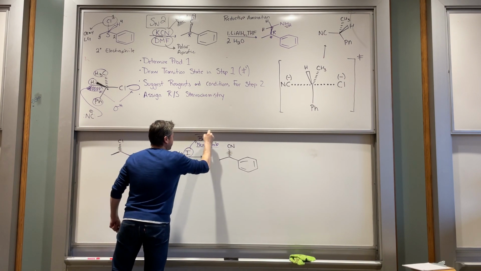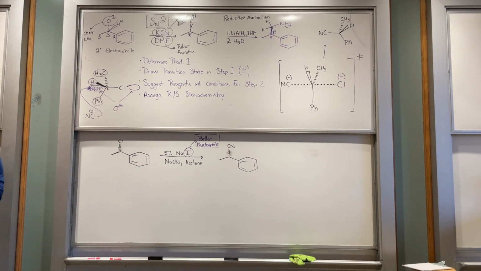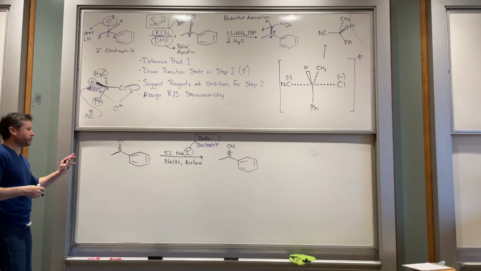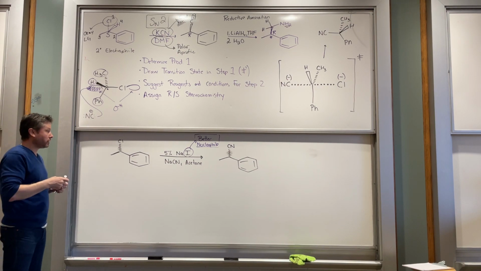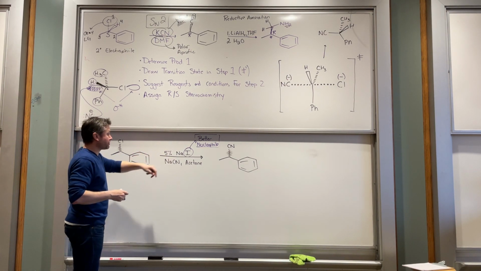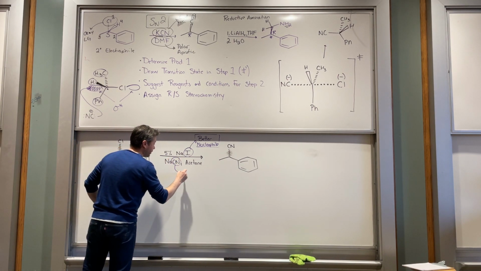So the other day we talked about how iodide's kind of weird, because it's among the best leaving groups, but it's also among the best nucleophiles. It's really good at doing nucleophilic substitution on a saturated carbon. So in this reaction we have 2 nucleophiles: the iodide and the cyanide.